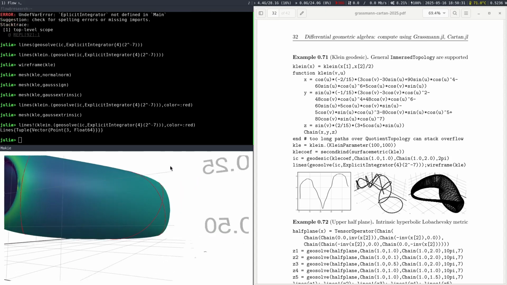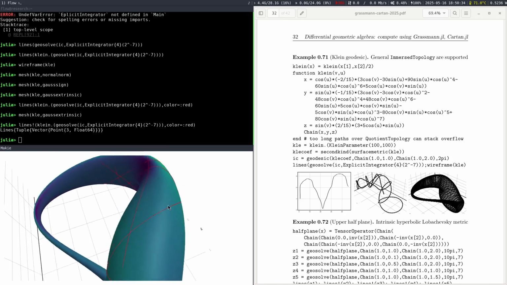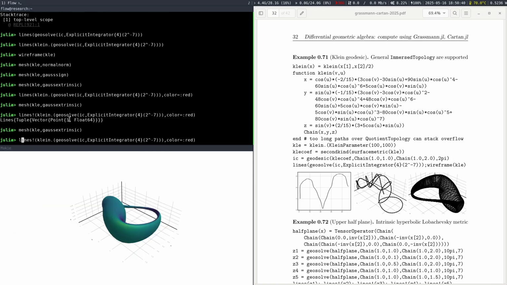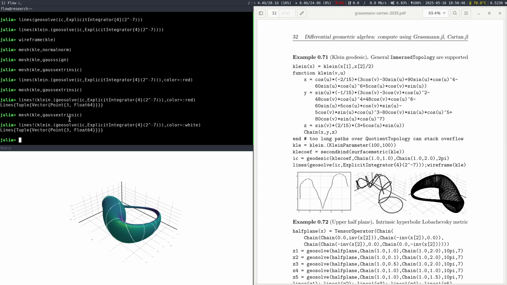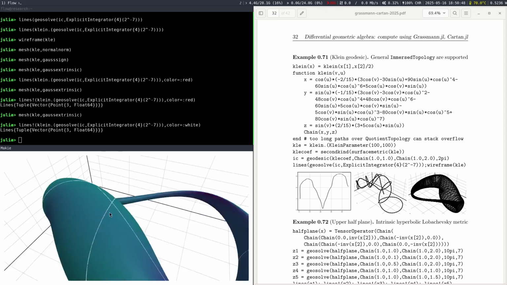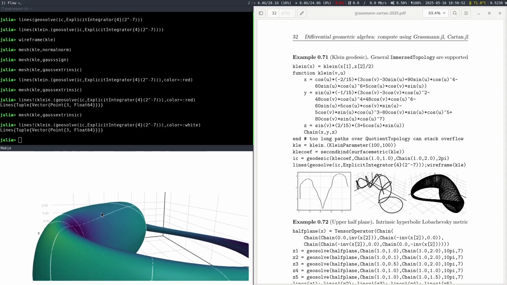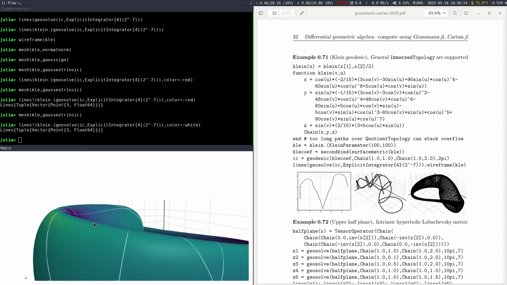So we can see the line. Maybe, I don't know if red is a good color. White. Yeah, so we can see the geodesic on the surface here.